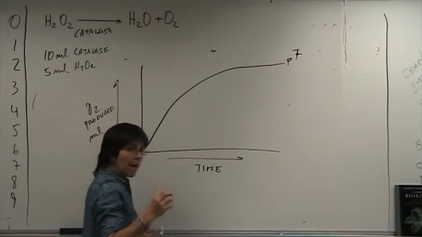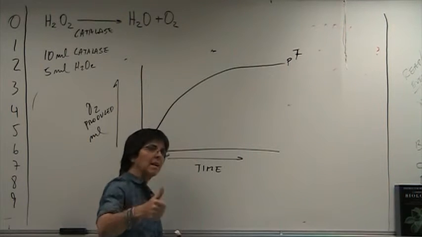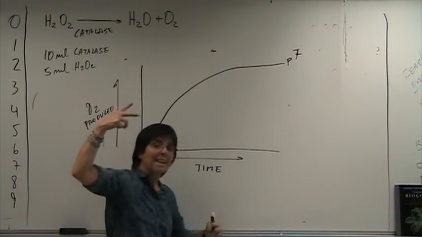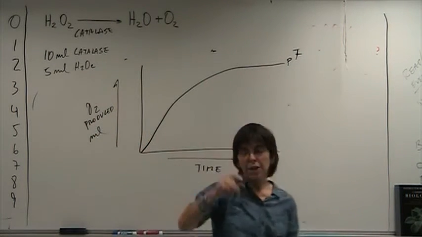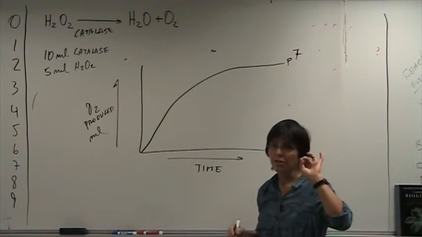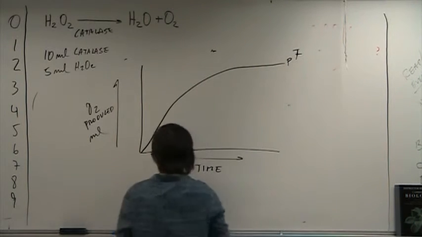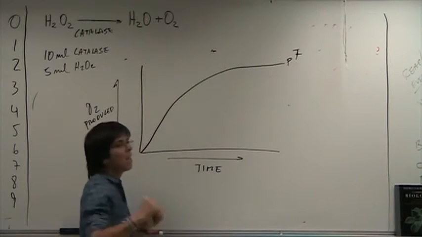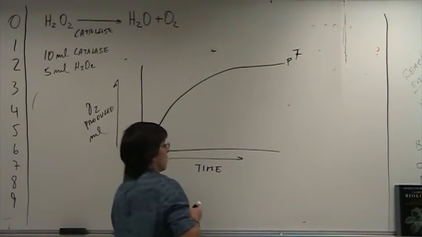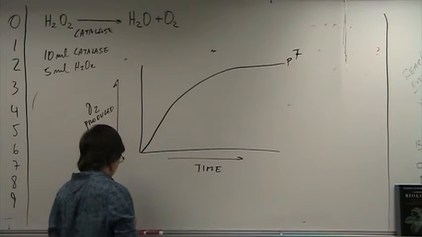When we add a buffer to this, we mix the catalase, hydrogen peroxide, and then a buffer. I had 2 buffers, pH 3, not 4 like it says in your lab, pH 3 and pH 11. So we use pH 3 and pH 11.